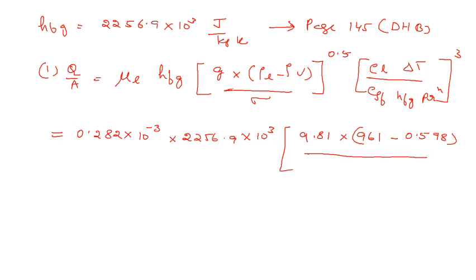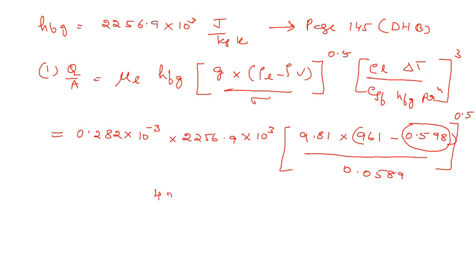divided by, so this term actually can be neglected because it is a very small term compared to 961. Generally we can neglect it, but in this problem I have taken it into consideration. And surface tension, once again you will get that value from the data handbook. Don't forget to put the power 0.5, otherwise the entire thing goes wrong.